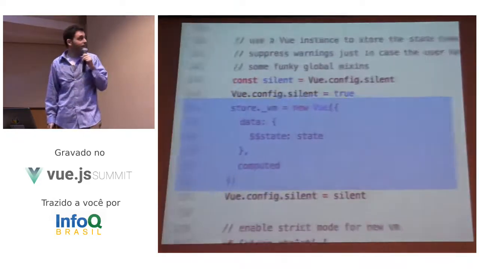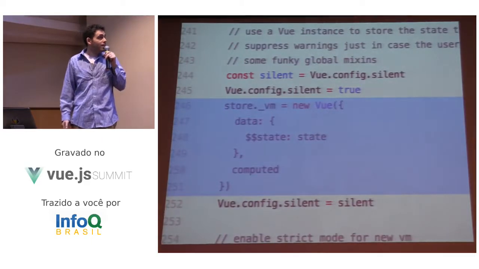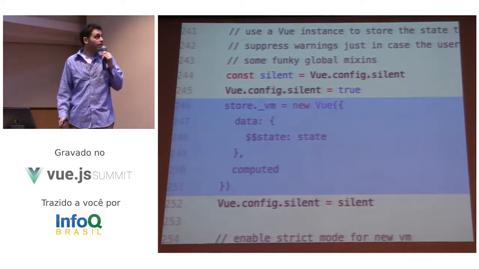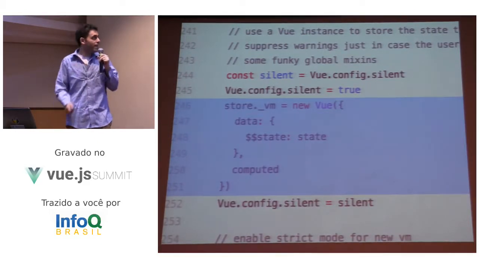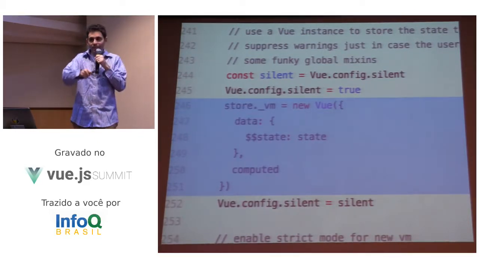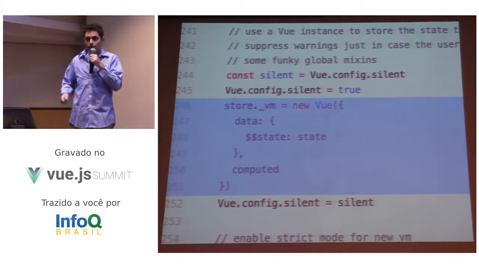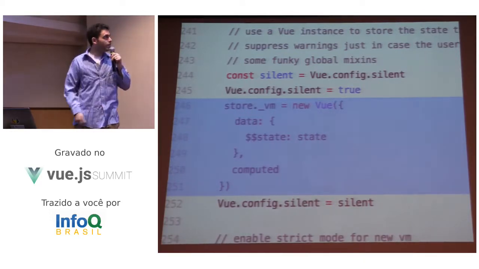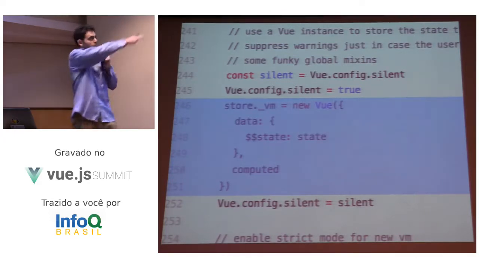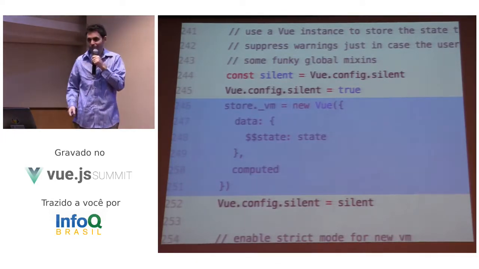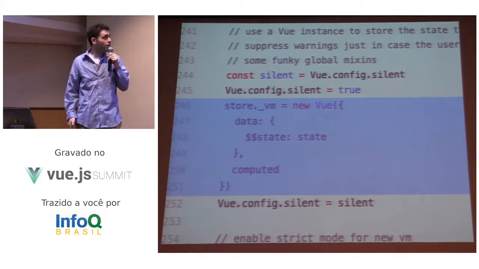If we zoom in, it says store._VM. What does it do? It creates a new Vue object and it places your state into the data object of a Vue VM. It literally uses Vue for reactivity. It just creates this Vue object and keeps it as the store. That's really smart.